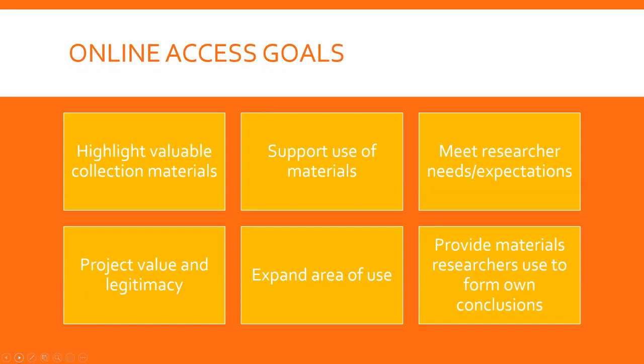Support the use of materials. So you want your online access tools to be supportive of different researcher needs and different information seeking behaviors. And related to that, you want to have online access tools that meet the needs and expectations of your researchers.